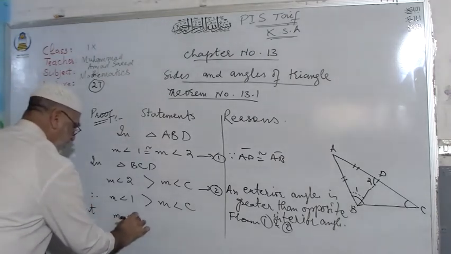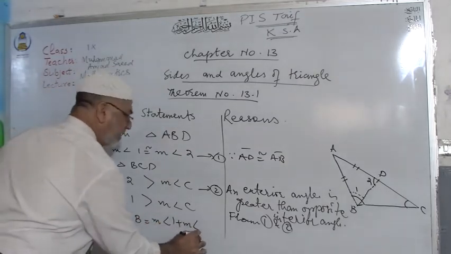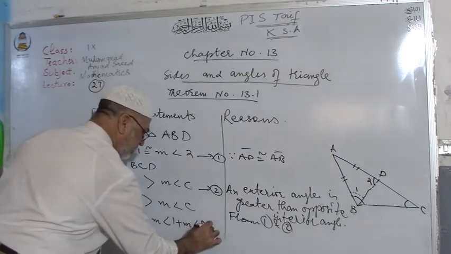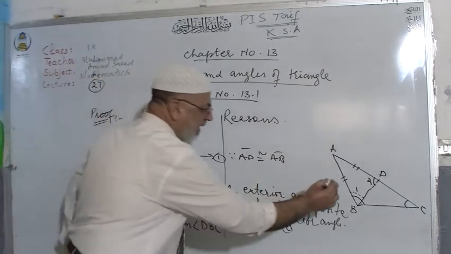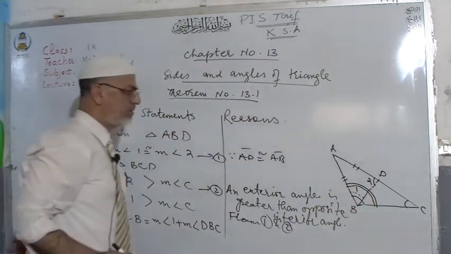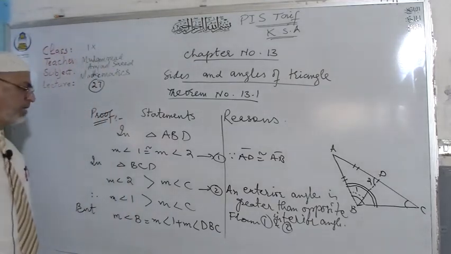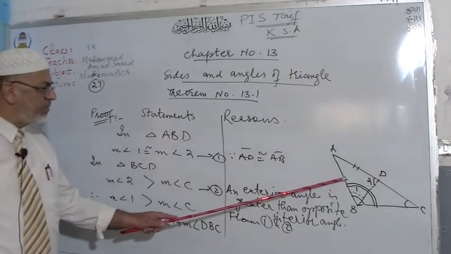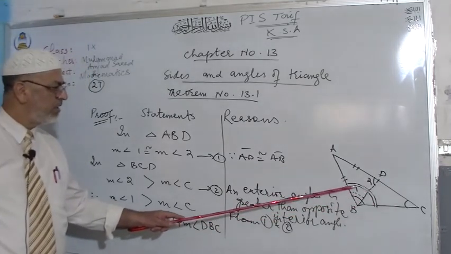But angle B is equal to angle 1 plus angle DBC. Look at that. Angle B is this one, this is the whole angle. You can check the diagram. This is total angle B, up to here.